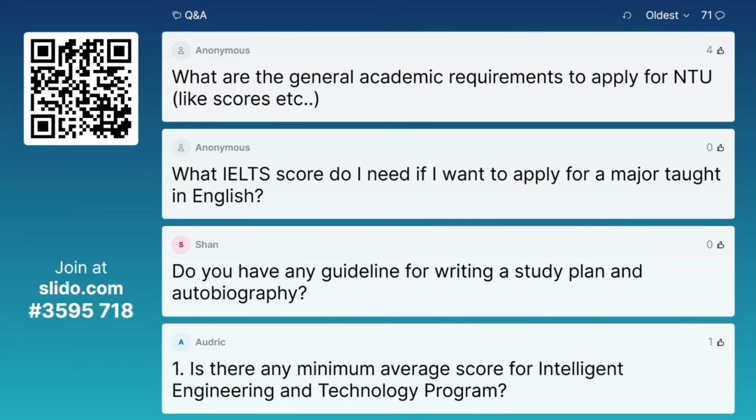Other than that, for example, if you apply for the Department of Math, then you have to be good at math, and you can attempt some math competitions if you want to, and those can be a part of your application.